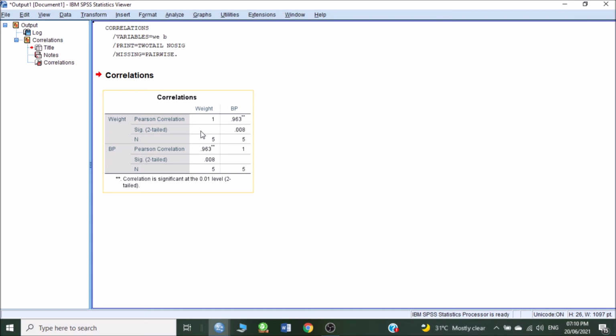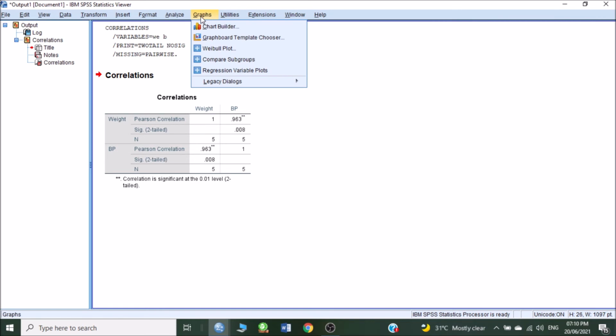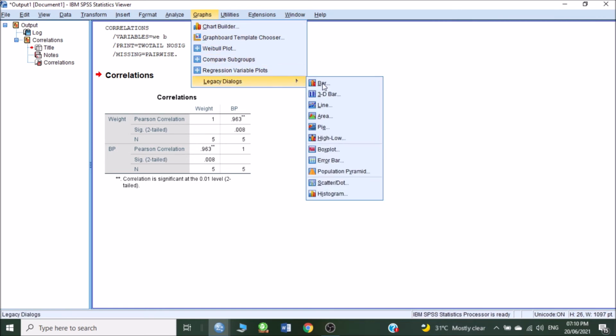Even if you want to prove it with the help of a graph, I can prove it. Just go for one more activity. Graphs: you click Graphs, Legacy Dialogs, then Scatter.